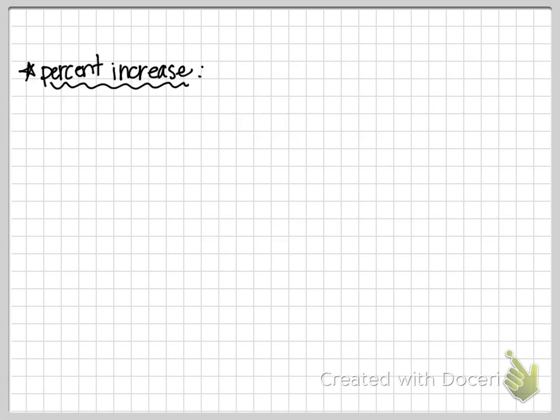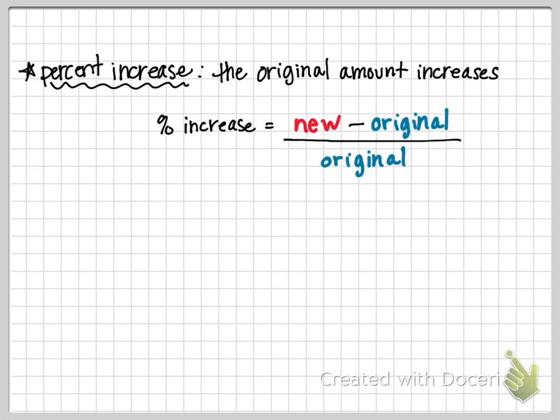Percent increase gets a little bit more specific. It's a type of percent of change. But in this case, it's what it sounds like. A percent increase happens when the original amount increases. So you start with a particular amount of money, and then maybe it increases because it earned interest, or you had a job and you made more, and then the percent of your money increased. That's a percent increase. We find percent increase by taking the new amount, because that is going to be more, right?